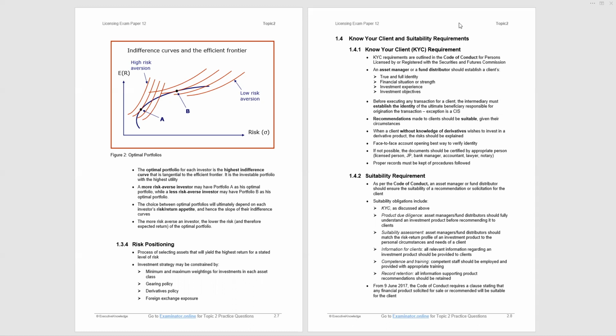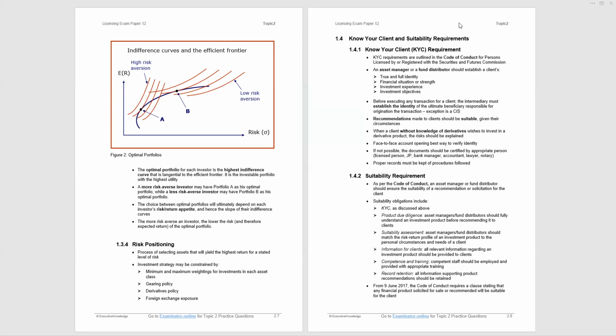As it says in the notes there, the optimal portfolio for each investor is the highest indifference curve. So you could go up the indifference curves to the one that is tangential to the efficient frontier. Theoretically, that is the investable portfolio with the highest utility.